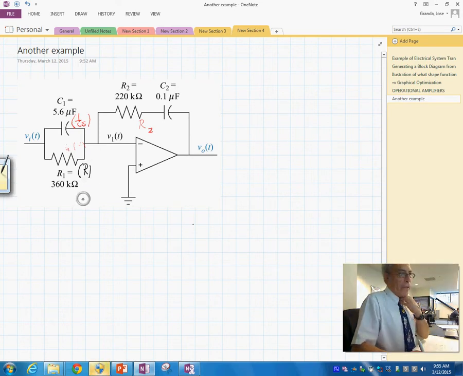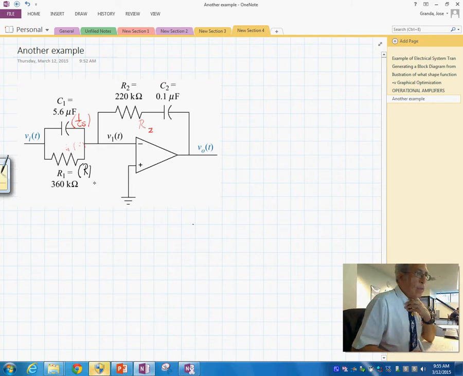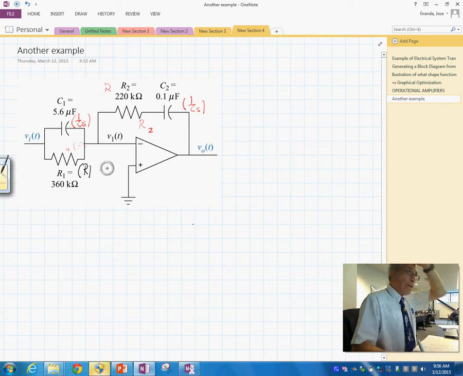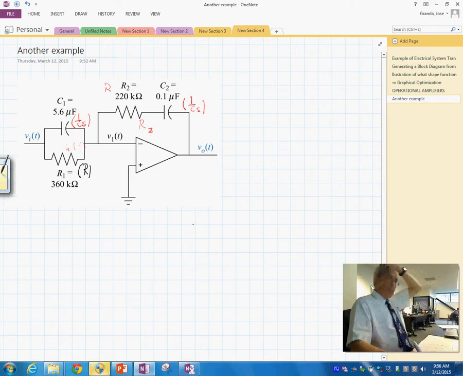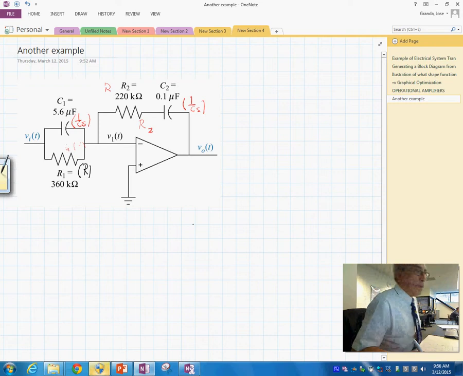And then we have, this is R, of course. This one right here would be 1 over CS. And then this also R. So you have 1, 2, 3, 4 elements. That's a good number.